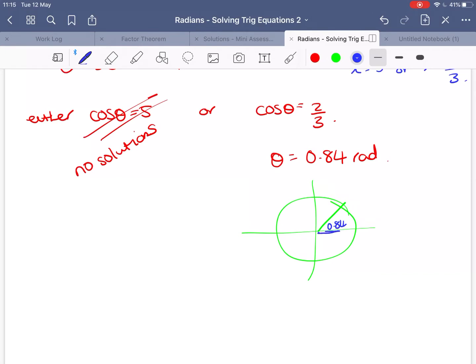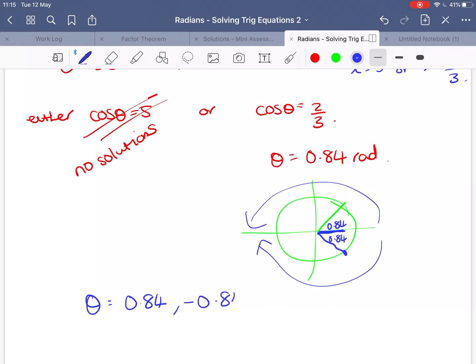Now this time it's the cos theta, so it's the base of this triangle. So where else is it the same? It's down here. Again, this angle is 0.84 in size. So because I'm going between plus theta and minus theta, my two answers are quite simple. 0.84 and minus 0.84 radians.